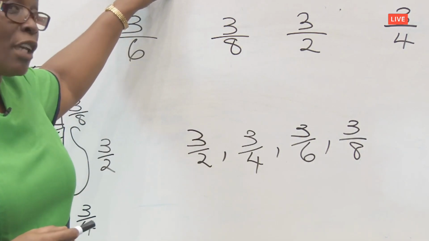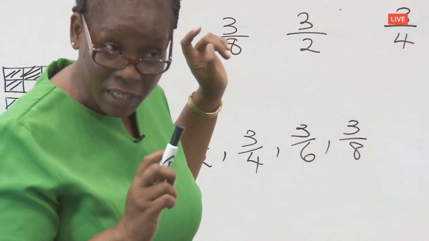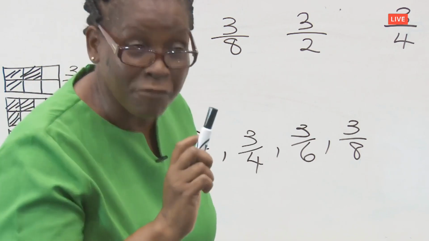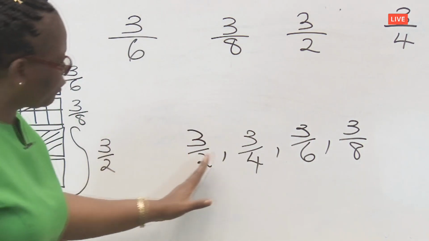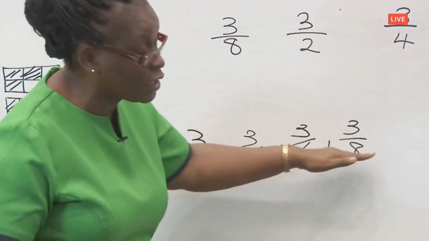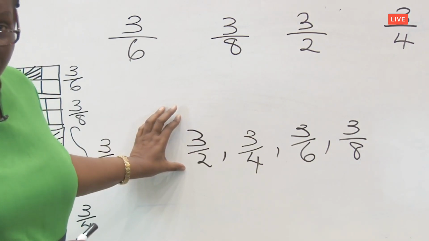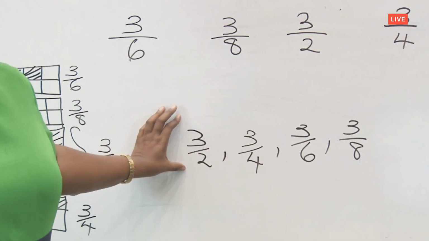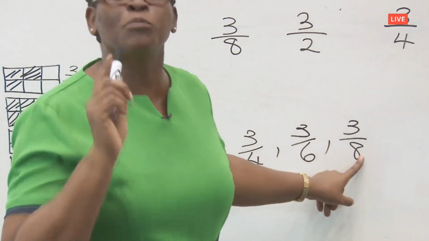So I want us to look. Let's see if we could generalize just like what we did with unit fraction. Remember we say how we get unit fraction? The smaller denominator is the bigger fraction. So let's see this. This one will be easy for us to know because these are arranged with the smaller denominator. Is this the biggest fraction? Yes.